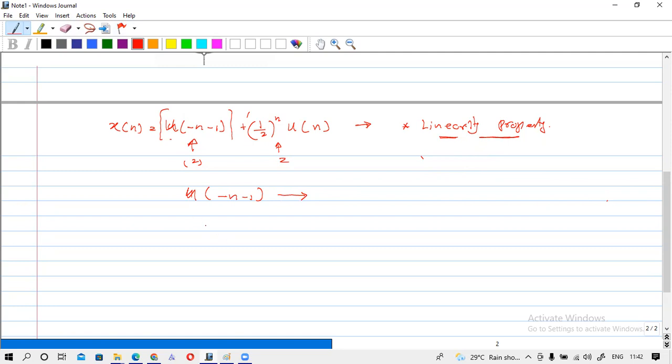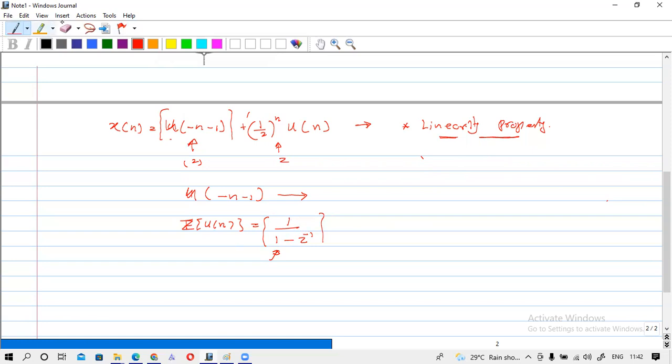We already know the Z transform of un, that is 1 over 1 minus Z minus 1. This is the Z transform of un. You can evaluate this very easily, and maybe this is already in your mind, because we have used it many times.